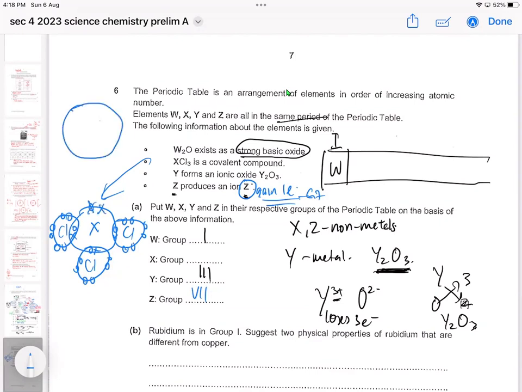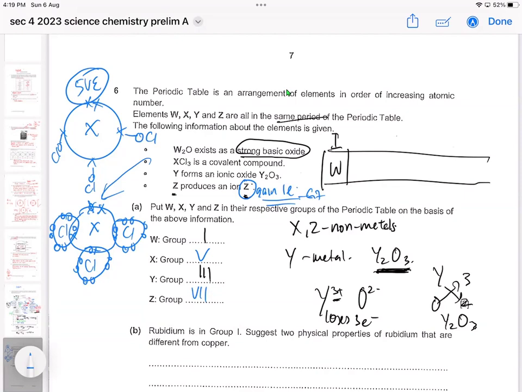So the atom of X should be something from group 5, so that each of these will combine with a chlorine, a chlorine, and a chlorine to get your XCl3. So it has 5 valence electrons. So this guy here is in group 5, which is just okay.